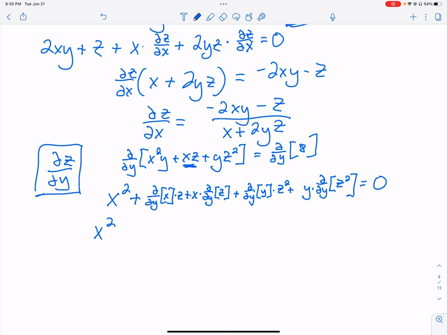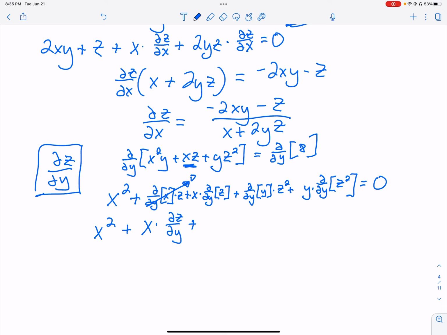All right, so we get x squared, right? And then we have the partial of x with respect to y. That's gone. Plus, I have x. The z becomes a 1, but I get partial of z with respect to y because I don't know what z is. It has y's in it.